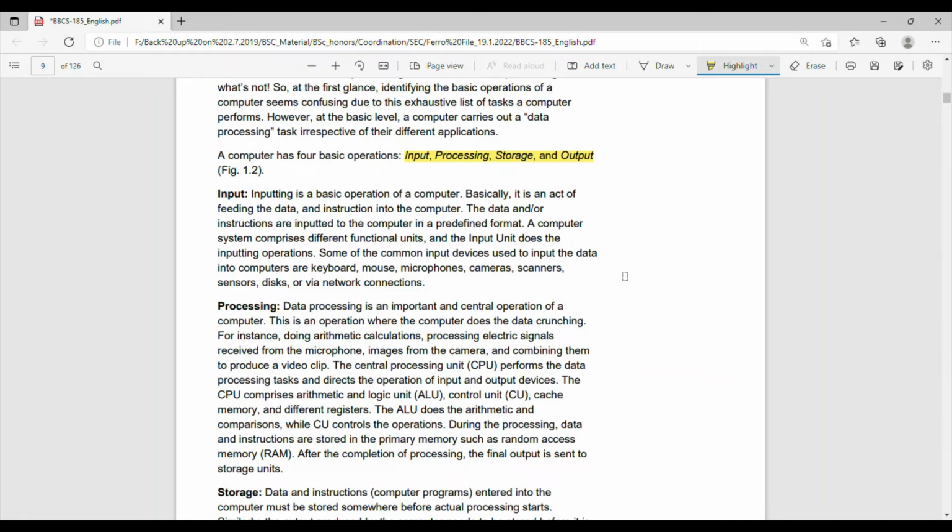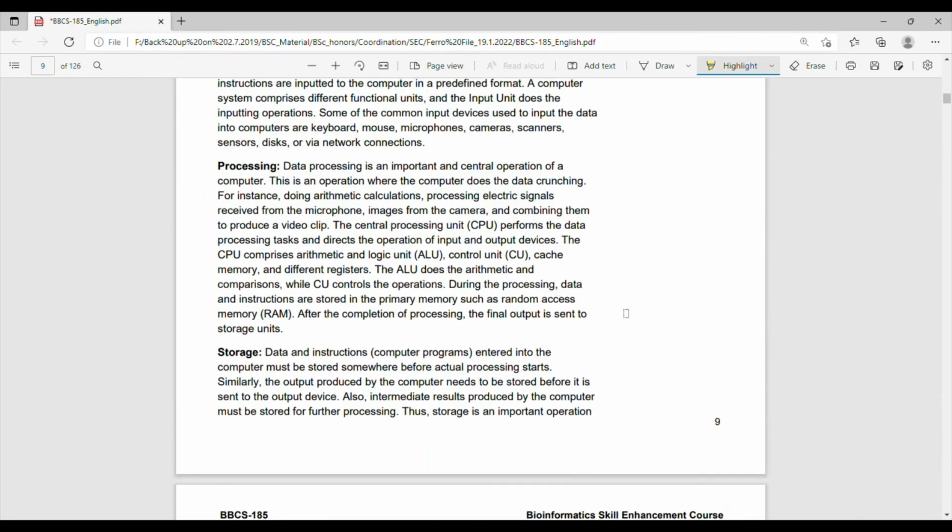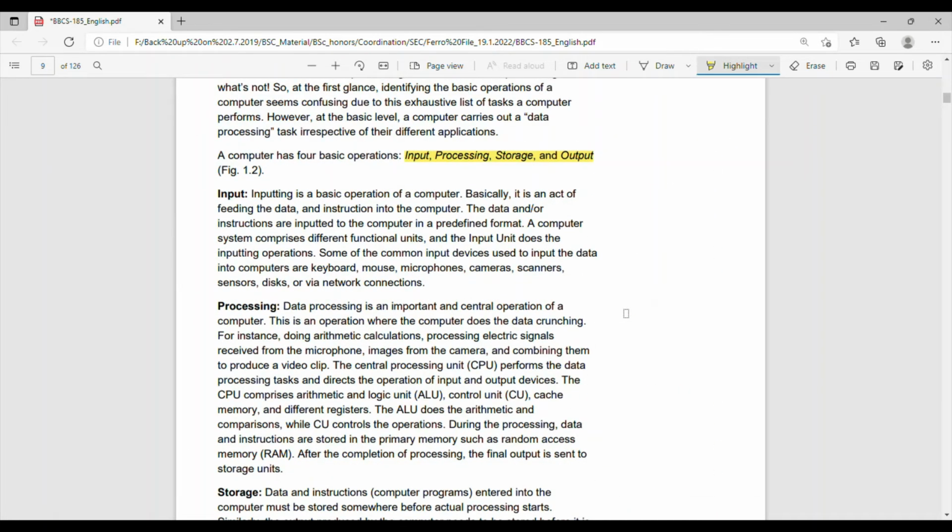I know by this time many of you might have started accessing computers at your home, office, or school level, and the majority of you would know about input, processing, storage, and output devices. But since we are dealing with all sorts of students, we are going to emphasize the basics of these computer operations once again.